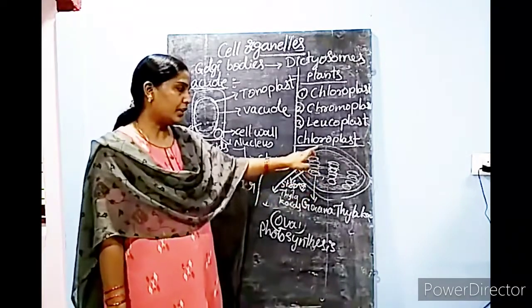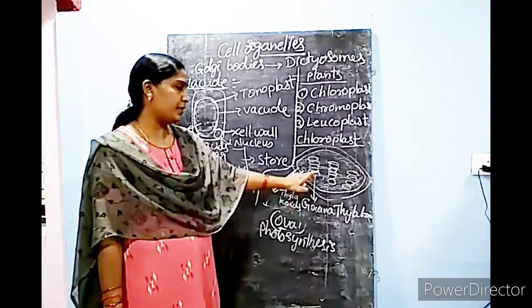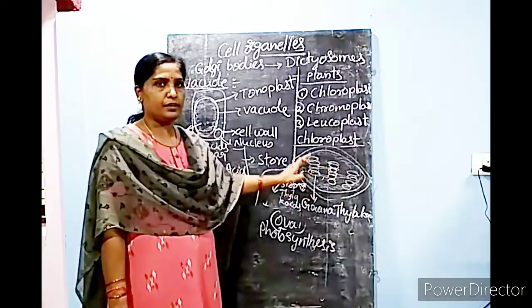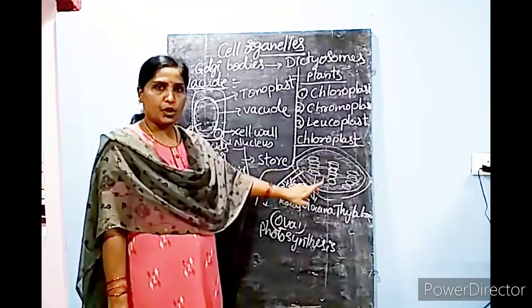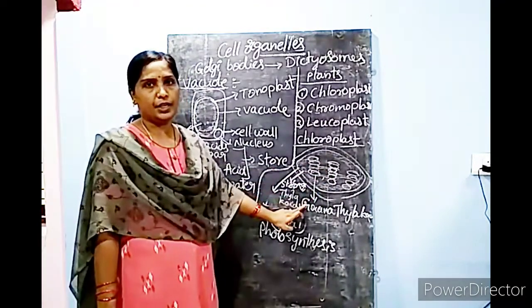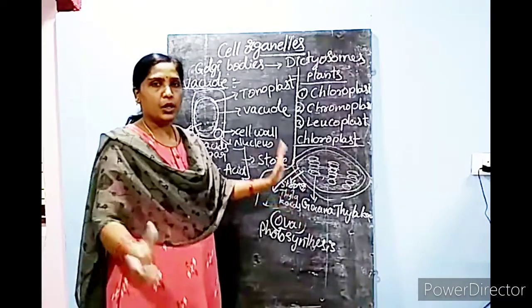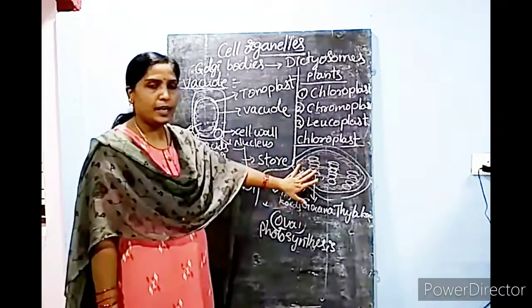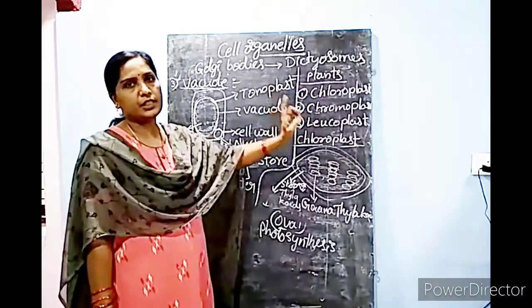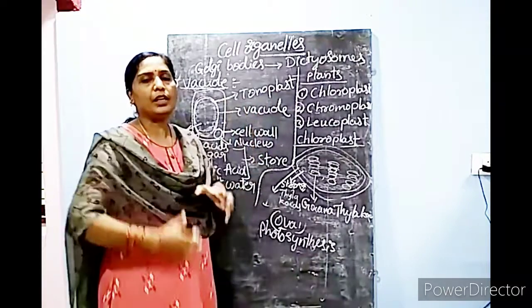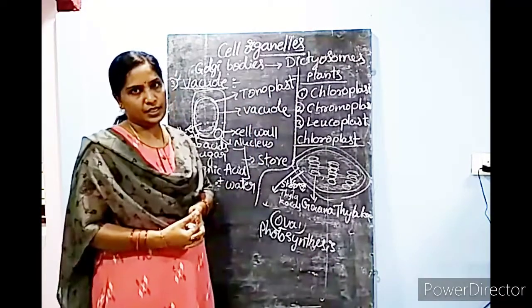Inside the stroma, grana thylakoids are present, and two grana thylakoids are joined by stroma thylakoids. Finally, the whole chloroplast structure helps to convert light energy into chemical energy.